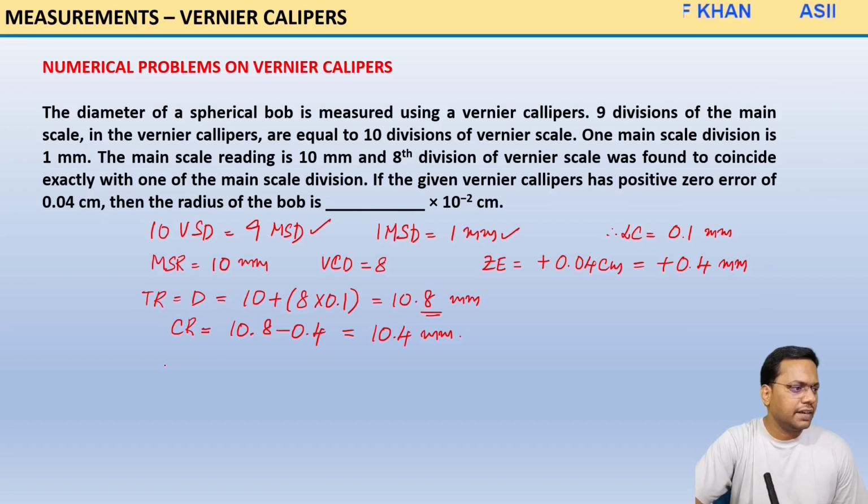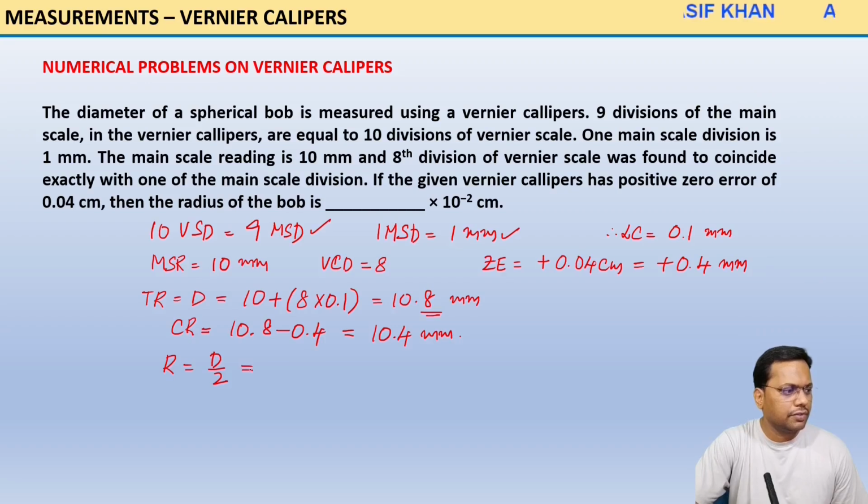Now we find the radius, say R, that is equal to diameter by 2. Therefore, diameter is 10.4 divided by 2. Therefore, it will be 5.2 millimeters. And this can also be written in centimeters, that is 0.52 centimeters.